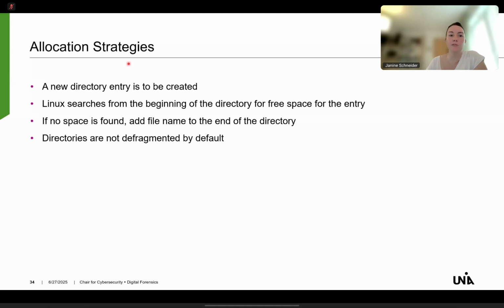If a new directory entry is created, Linux searches from the beginning of the directory for free space for the entry. If no space is found, the file name is added to the end of the directory. If free space is found, then of course the directory entry and the name are stored there.